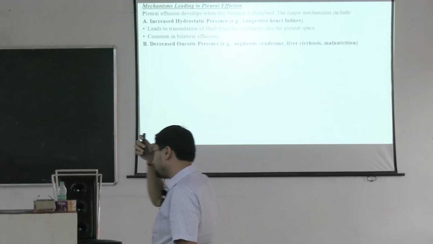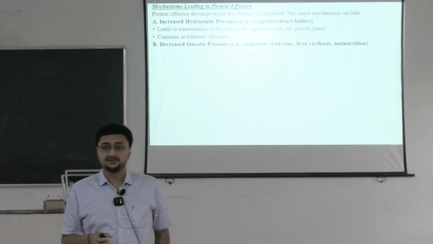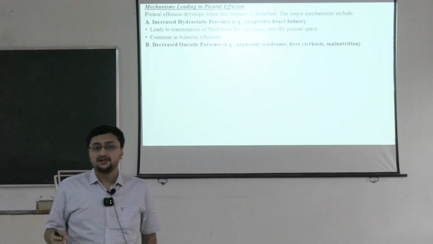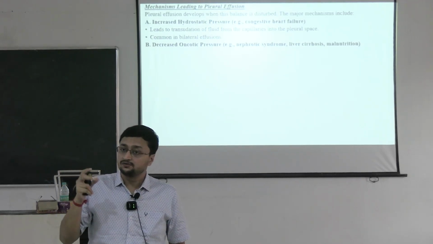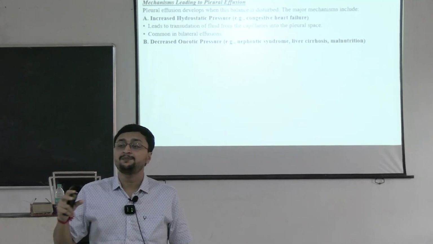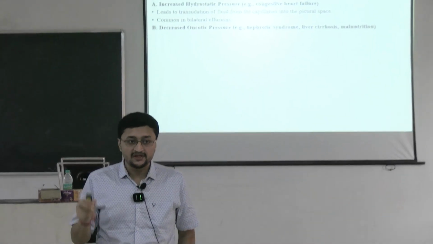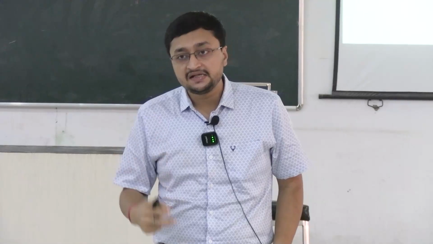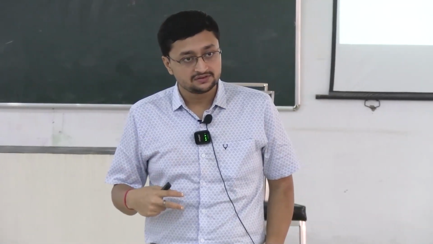And another one is hepatic hydrothorax. What is that? Suppose there is massive ascites. You know ascites? It is peritoneal fluid in the peritoneal cavity, primarily because of chronic liver disease, right? So massive ascites causes increased intra-abdominal pressure.